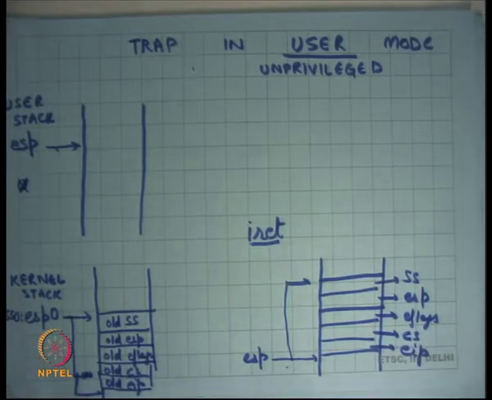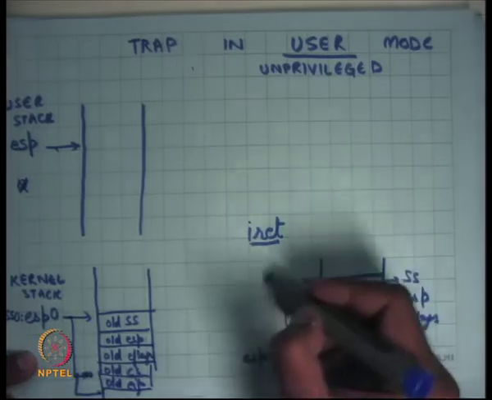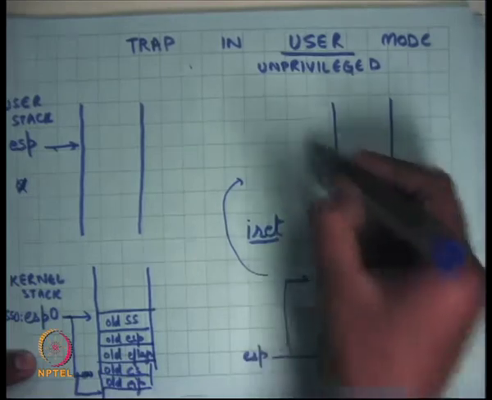So in the previous case, iret was just popping 3 values. In this case, iret is popping 5 values. How does iret know how many values to pop? By looking at the value that was popped in the first 3 words, or by looking at the value of the second word, that contains the CS. All right. And so when you execute the iret instruction, you are actually going to get back to the user stack, right?